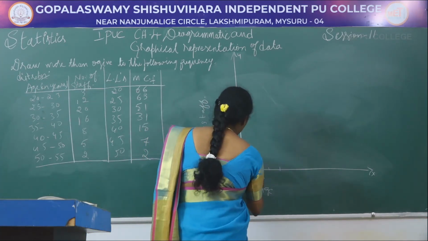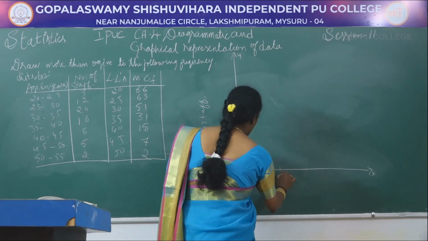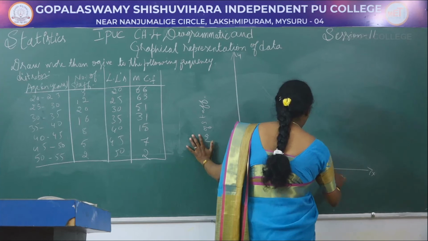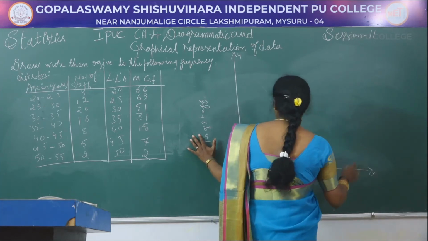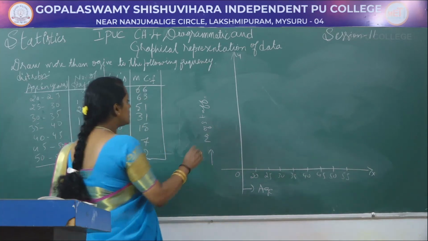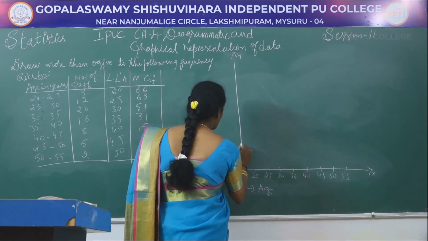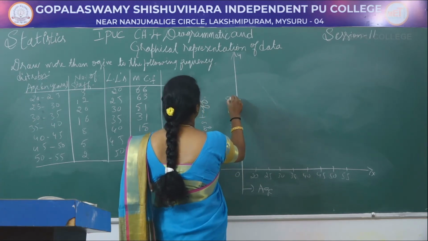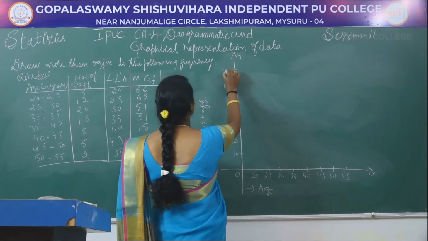It starts from 20, 25, 30, 35, 40, 45, 50, 55. And for y-axis the lowest is 2 and the highest is 66. I will take 10, 20 like that: 10, 20, 30, 40, 50, 60, 70.